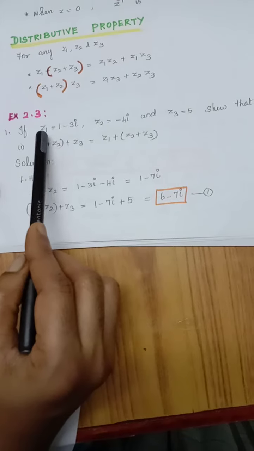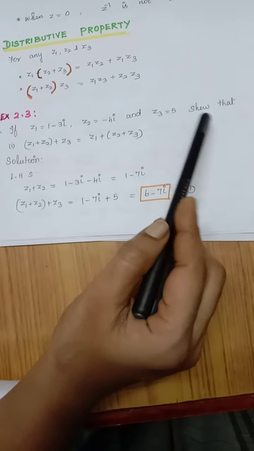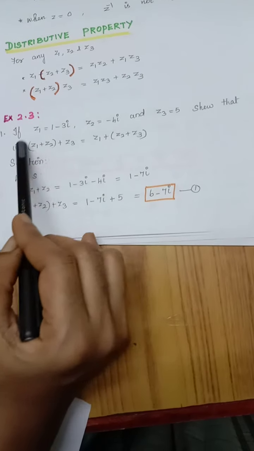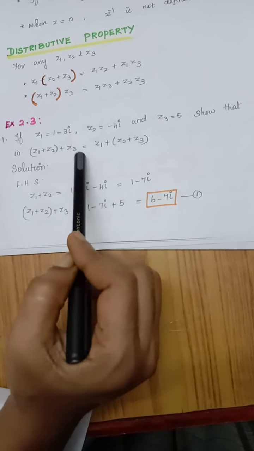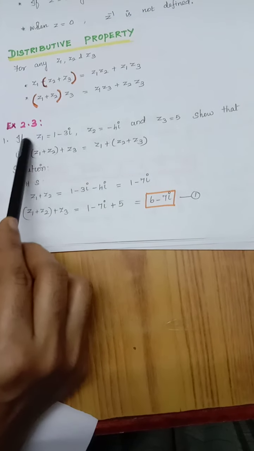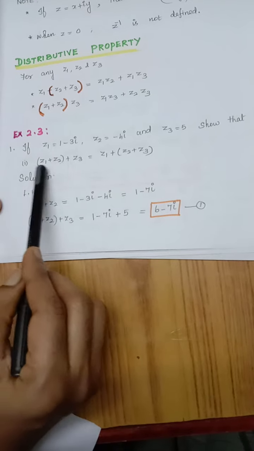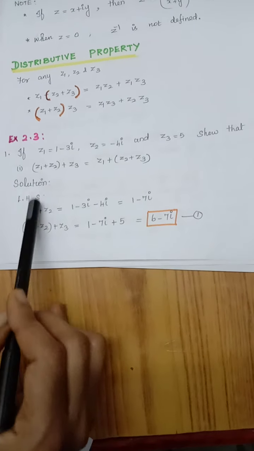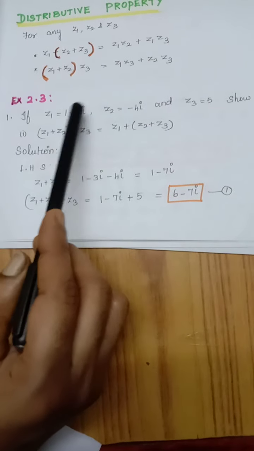The first one: z1 is 1 minus 3i, z2 is minus 4i and z3 is equal to 5. Show this property, so you have to prove the problem. Solution: on the left side you have z1 plus z2 plus z3. First, what is in the bracket, z1 plus z2? It is the addition of two complex numbers.